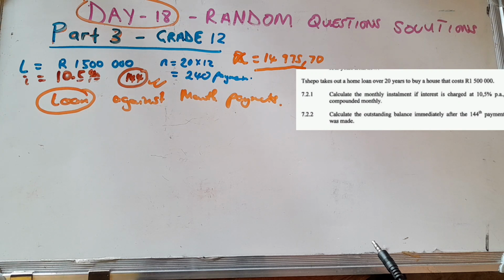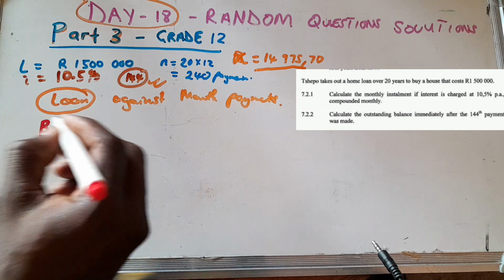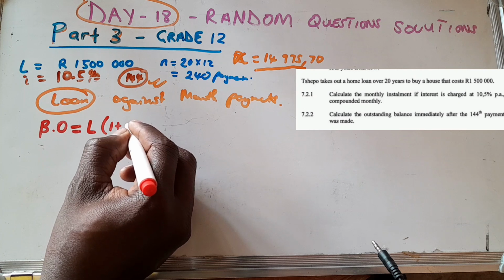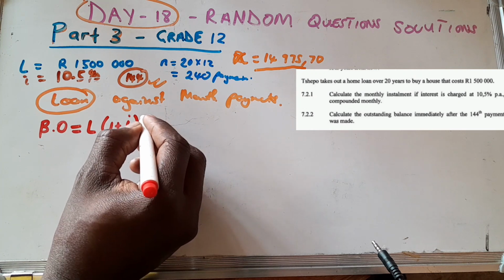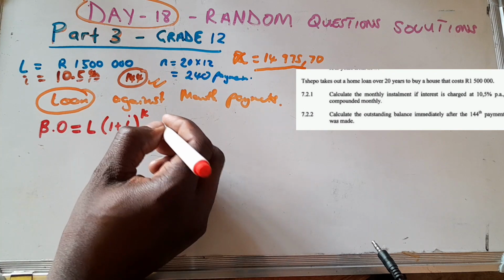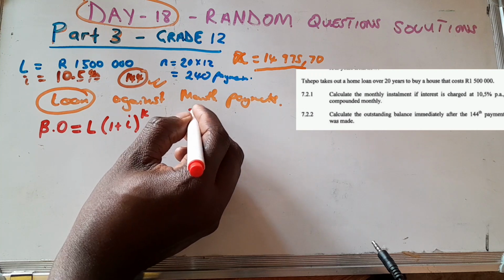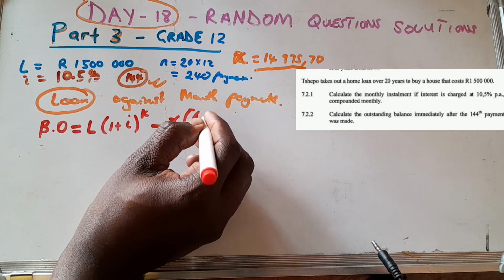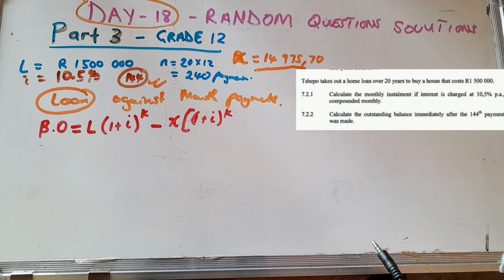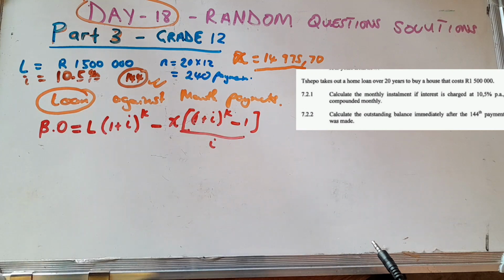So our balance outstanding is equal to the loan that is growing, so this is 1 plus i to the power k, which are the payments that are already made, subtracting the future value of the monthly payment x, 1 plus i to the power k minus 1, all over i.